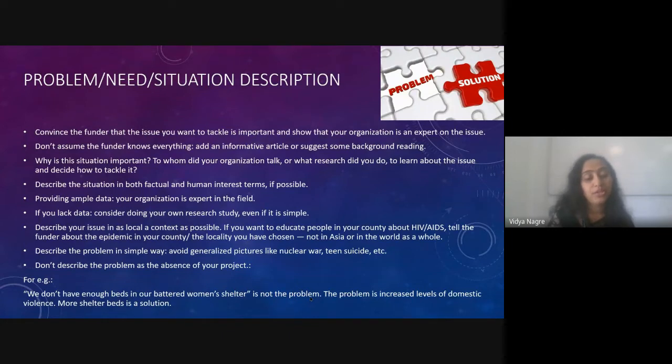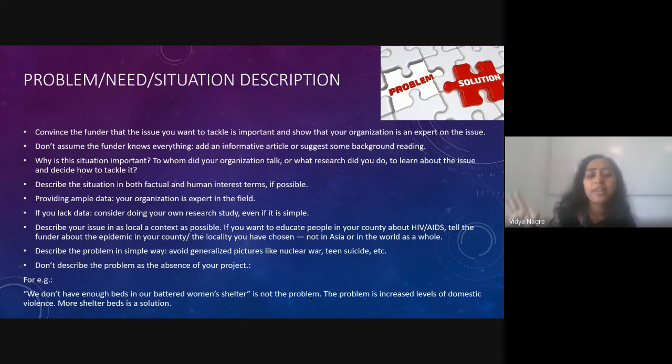Describe your issue in as local a context as possible. Why? If you want to educate people in your country, let's say about AIDS or some other disease, or nutritional needs of pregnant women, or the need for child education, tell the funder about the epidemic in your country or the locality that you have chosen.